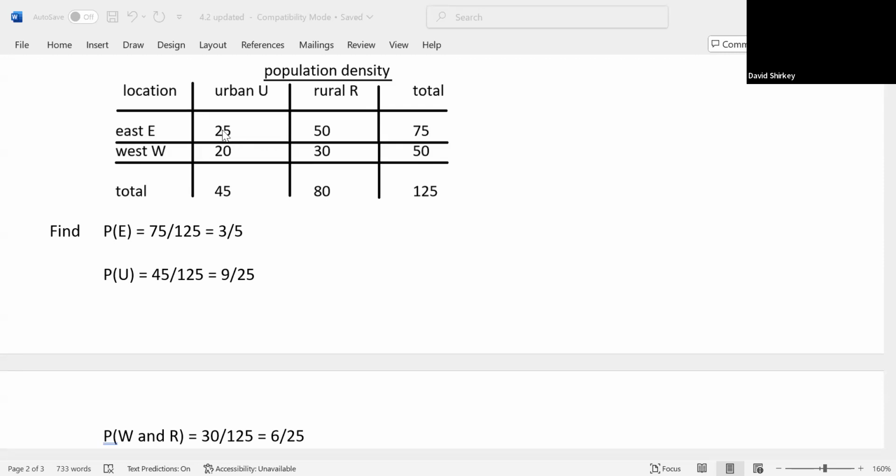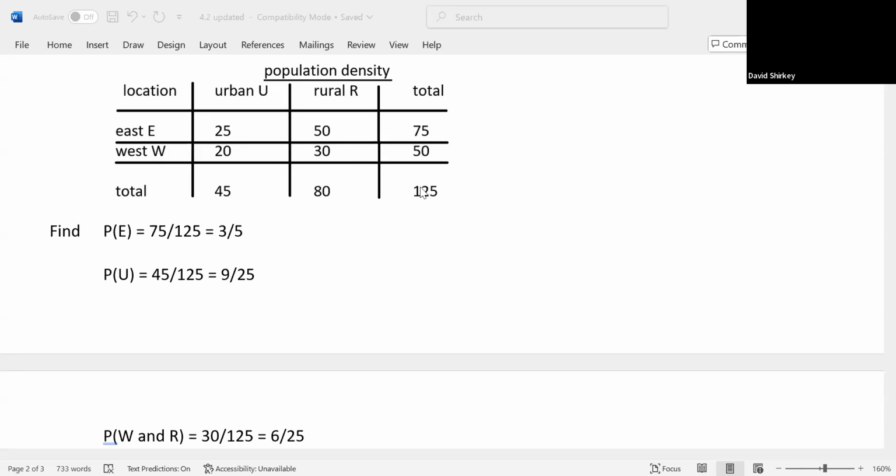Going across the rows, if you do 25 for East Urban and 25 for East Rural, they add up to 75. If you have 20 for West Urban and 30 for West Rural, they add up to 50. But notice these two also add up to 125.